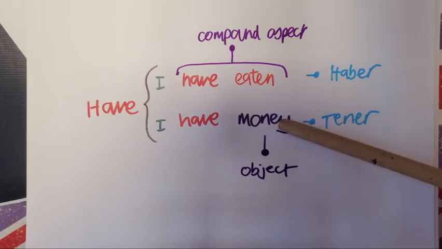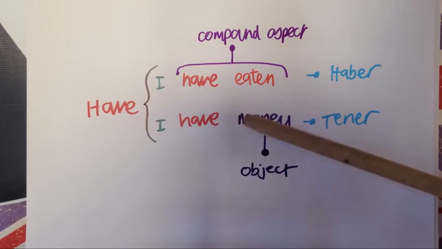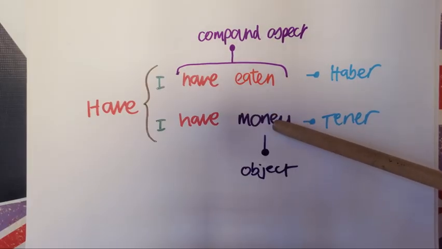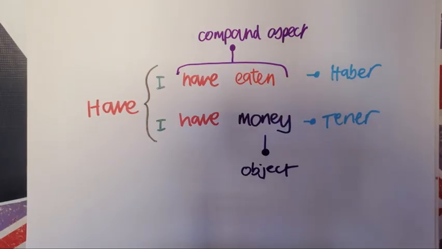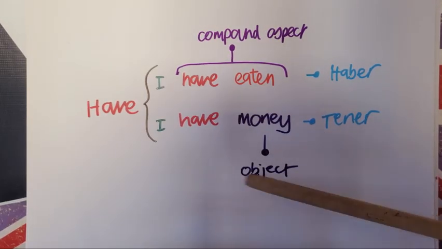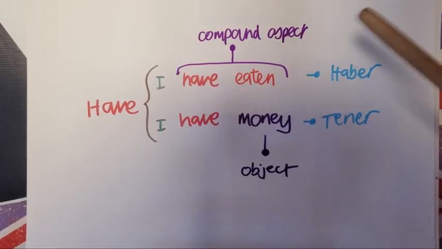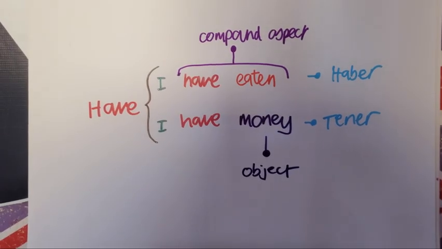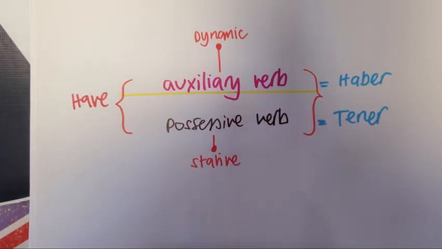You see the dark blue is an object. I have money. I have a drink. I have a bag, etc. I have a dog. All these are called objects. We use tener. And when we have that, the connect is haber. Well, let's look at this more. It's so easy once you get to understand.